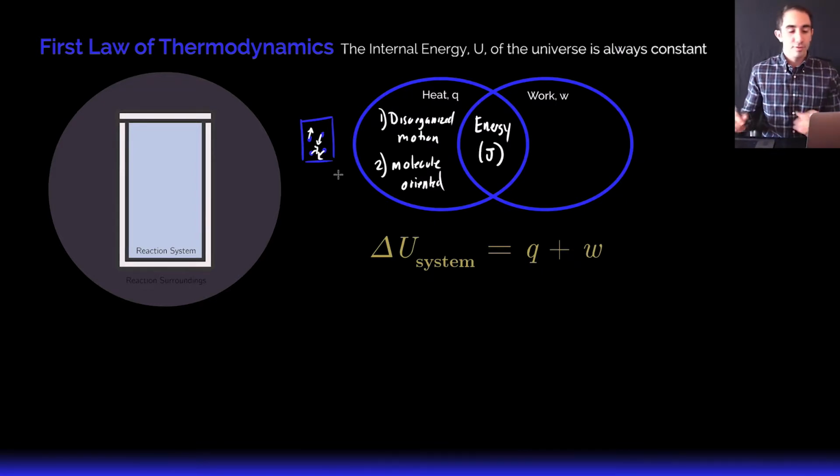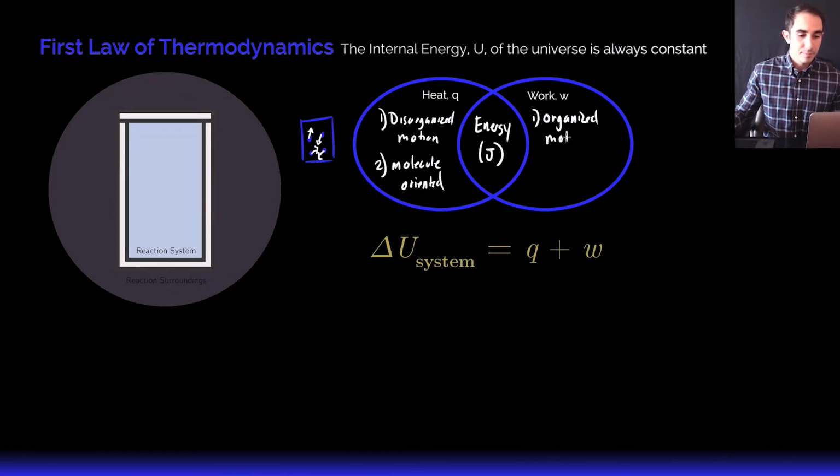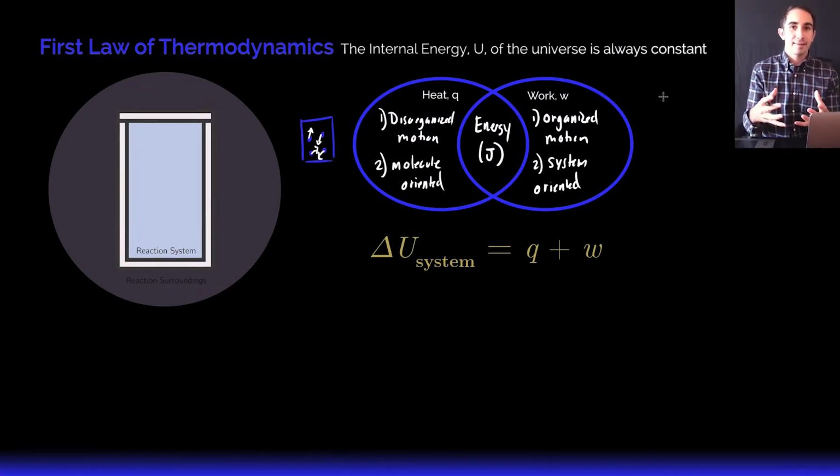Now, if we switch over to work, this is going to be organized motion. And so this is going to be system oriented. And so how does this differentiate from that box of gases? Well, now I'm going to draw something where there's actually a task to be done.